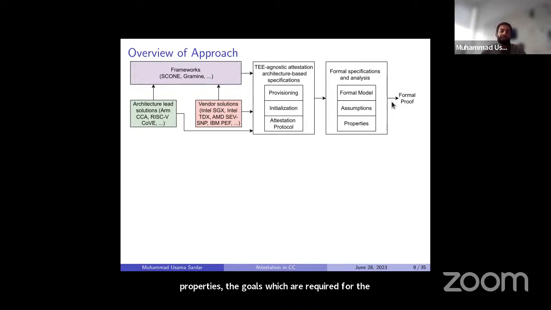And then out of that, we get a formal proof that the formal model, under specific assumptions, meets the requirements under a specified threat model. So this is the core idea.